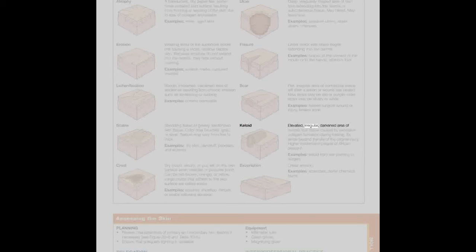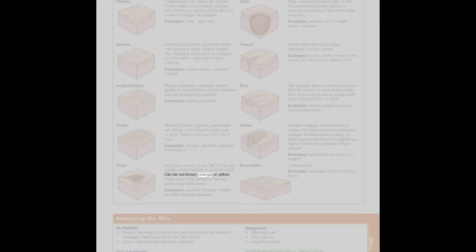Keloid: elevated, irregular, darkened area of excess scar tissue caused by excessive collagen formation during healing. Extends beyond the site of the original injury. Higher incidence in people of African descent. Examples: keloid from ear piercing or surgery. Crust: dried blood, serum, or pus left on the skin surface when vesicles or pustules burst.